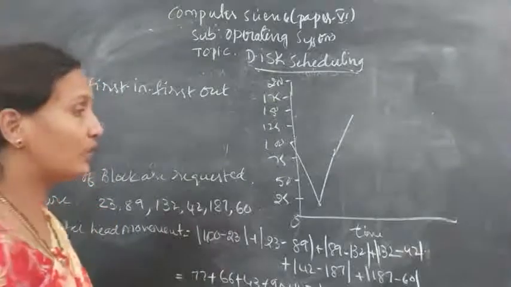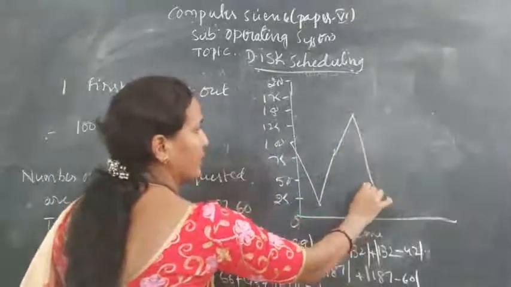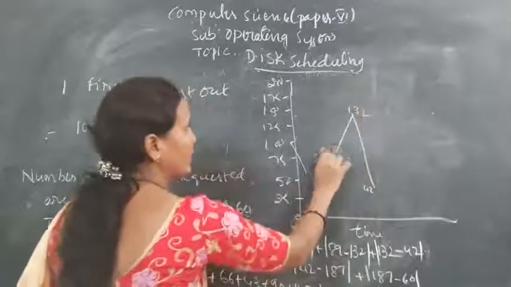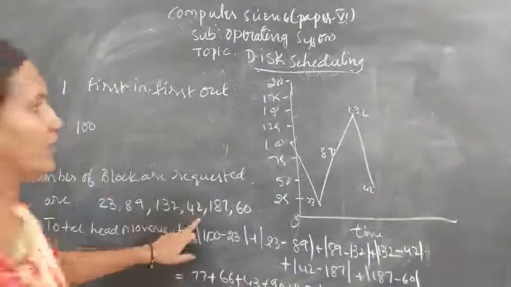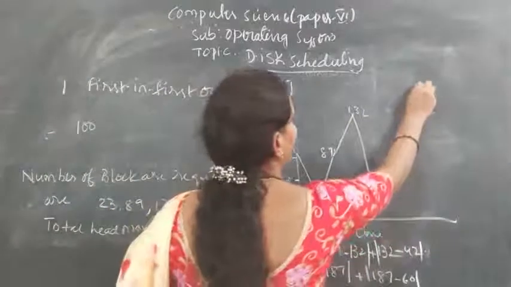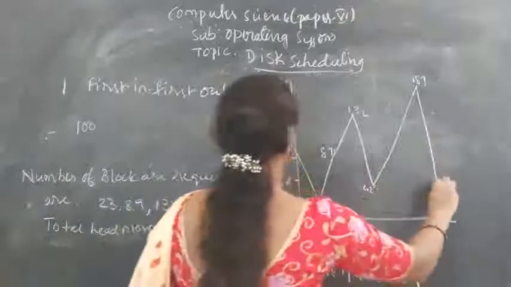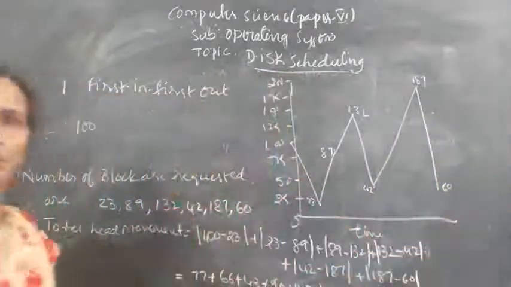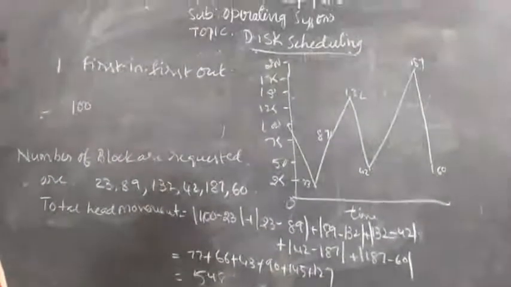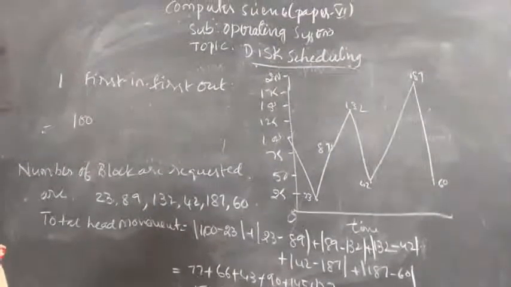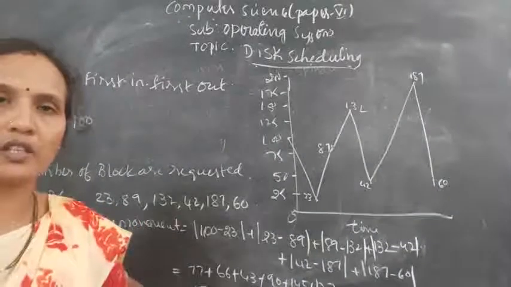Again from 132 to 42 is 90, then from 42 to 187, and next from 187 to 60. In total, 548 tracks it moved.